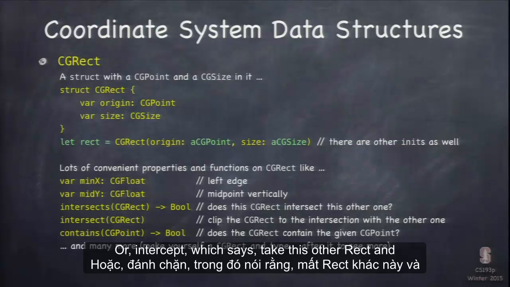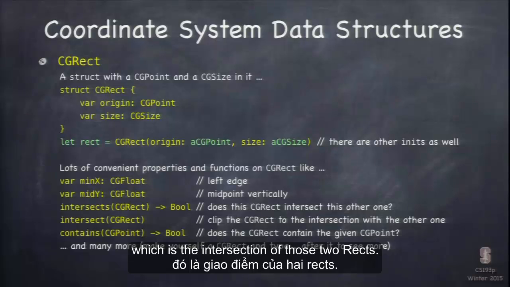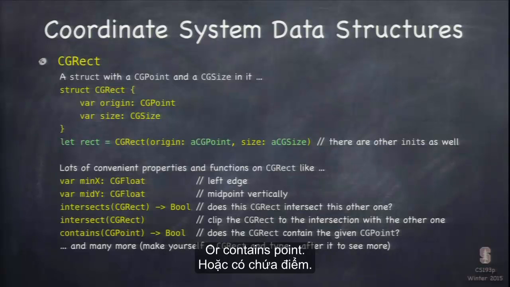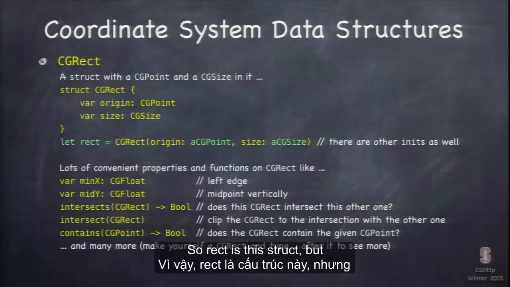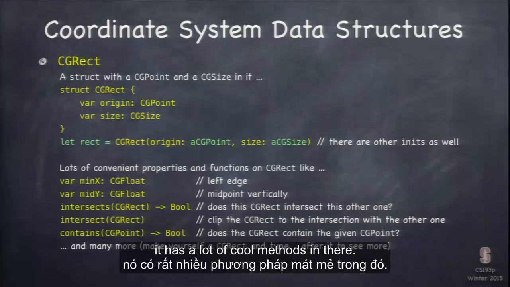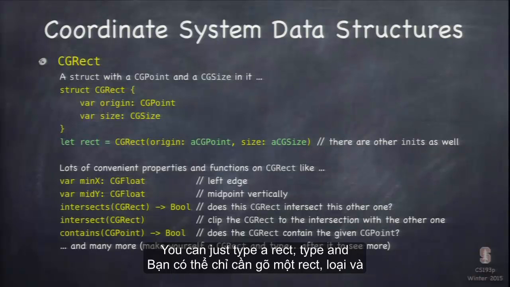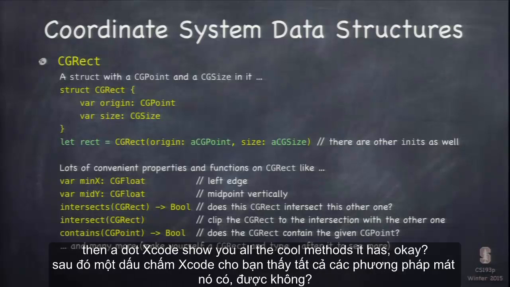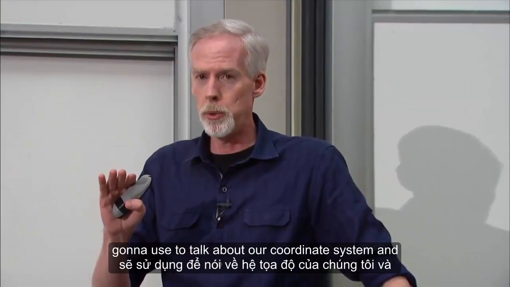Or intersection, which says take this other rect and create a smaller rectangle, which is the intersection of those two rects. Or contains point, okay? Where you pass it a point, and it'll tell you whether it contains that point. So rect, it's a struct, but it has a lot of cool methods in there. There's a whole bunch more. You can just type a rect type and then a dot, and let Xcode show you all the cool methods it has, okay?